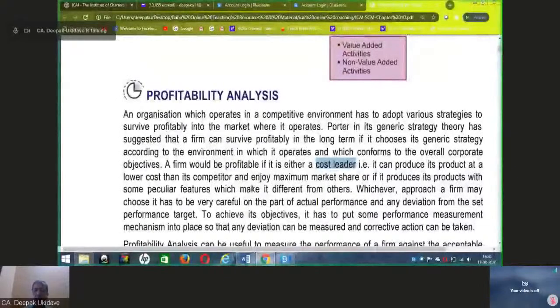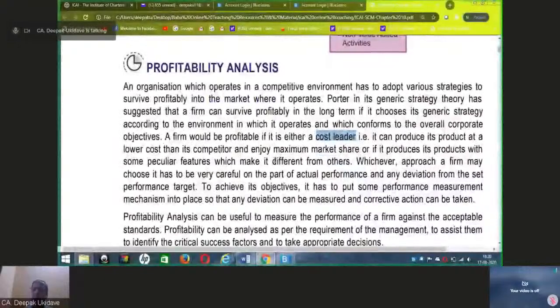You can see this is product differentiation. So either cost leadership or product differentiation. So produce the product at a lower cost than the competitor and enjoy the maximum market share. Obviously, if your product is priced at a low level, you will have maximum market share. Or you can produce the product with some peculiar, value-adding features for the customer, that is product differentiation.